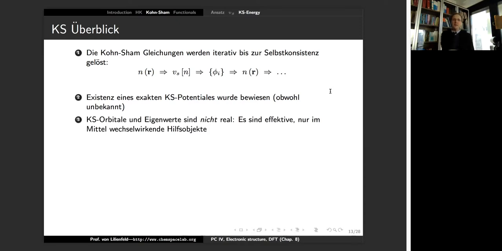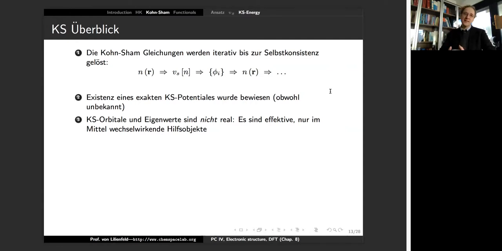It's very important. Similar to Hartree-Fock and Hartree, all these orbitals and eigenvalues are not real in the sense that they only approximate the true eigenvalues, right? And they are models that have a fair degree of arbitrariness.